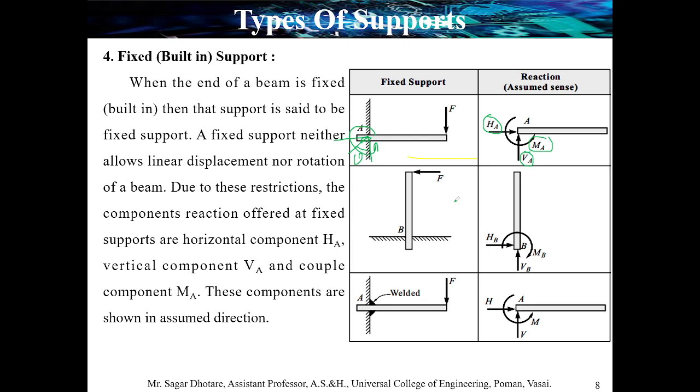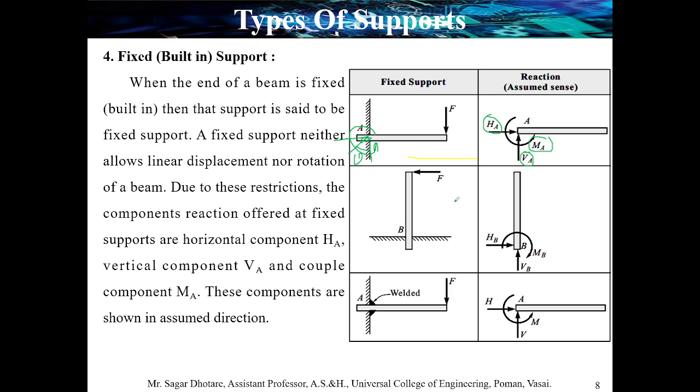Then the moment is opposite in direction. The force is applied anti-clockwise and the moment is applied clockwise. So remember, whatever the force direction is, the moment in a fixed support is applied in the opposite direction. Clear?